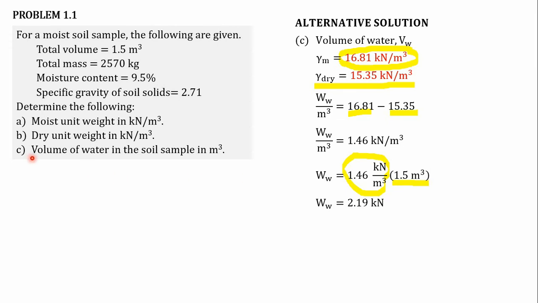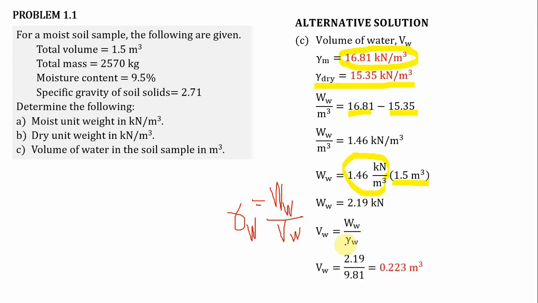So, take note, yung aim natin is to solve the volume of water in the soil sample. Di ba may formula tayo dito? Unit weight ng water is equal to weight ng water divided by volume ng water. So, kung volume ng water yung kunin natin, ito yung gamitin natin. Rearrange lang natin to.